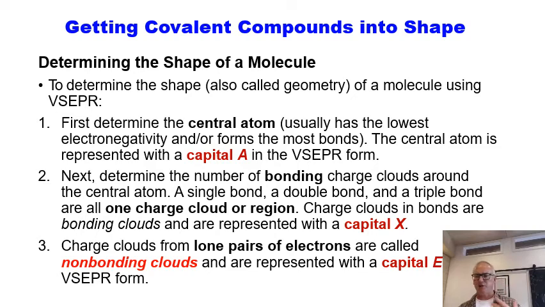So to determine the shape of a molecule, we use this VSEPR. You won't have to remember VSEPR. All VSEPR means is just electrons like to be apart. That's all it means. But there's certain rules we have that if you know what the rules are, you can basically just look up what the shape is.